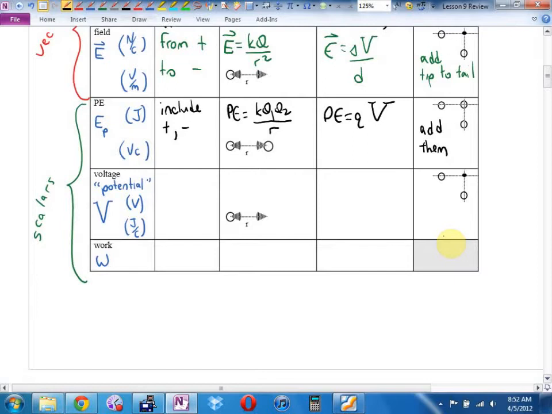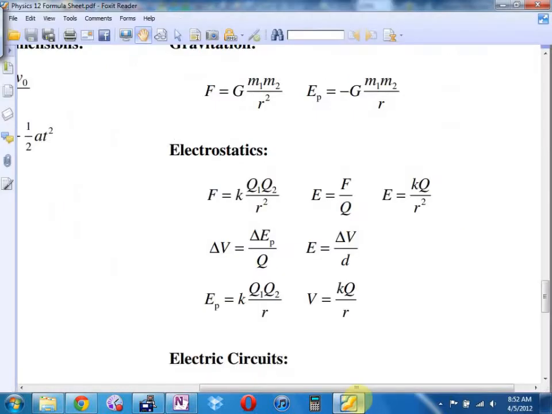Well, Brandon, what about voltage? That's voltage. Which one of these do you think is the voltage from a point charge? The ones that have the R's.